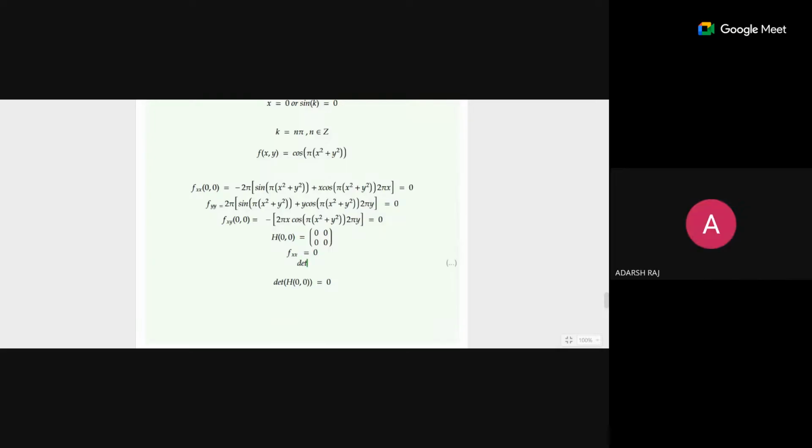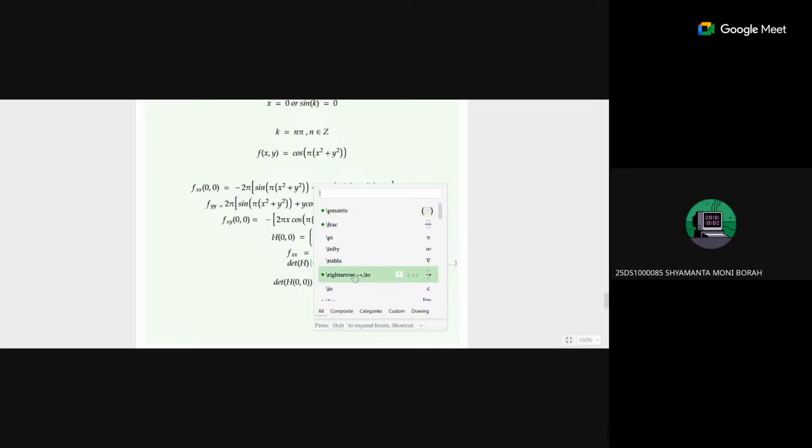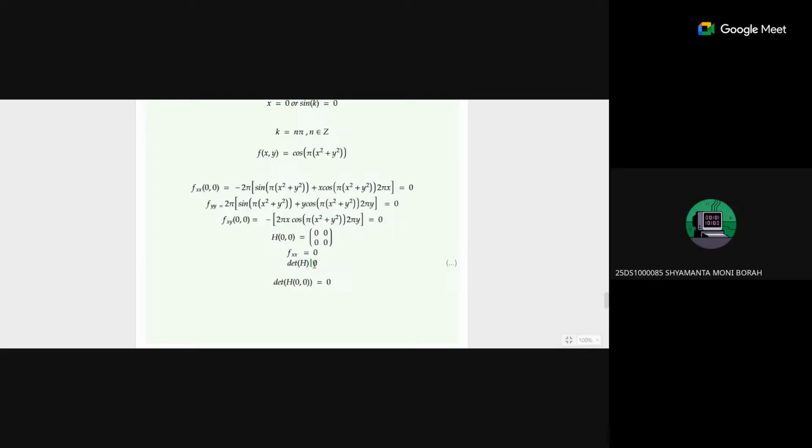I think if fxx is equal to 0, then at that point only we are telling it as inconclusive, right? So if the determinant is not equal to 0, negative means not equal to 0.